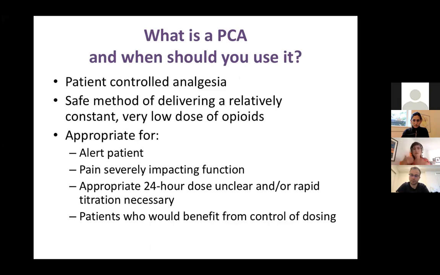They're very uncomfortable and get very anxious waiting for their pain medication, and if they're otherwise appropriate for opioids, that would lean me towards the PCA.